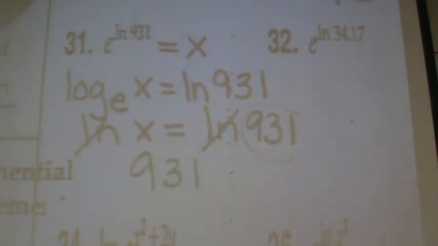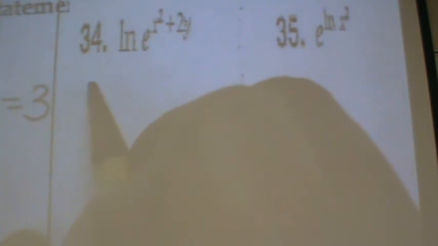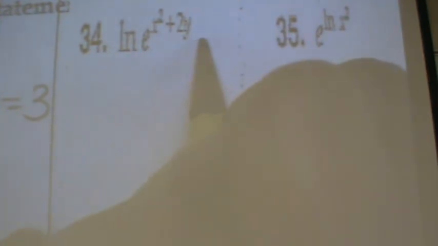So with that little trick, what do you think the answer to 32 is? What is it? Can I hear your voices? 34.17. How about 33? x plus whatever that is. I don't know, looks like a z. How about the next one? x squared plus 2y.